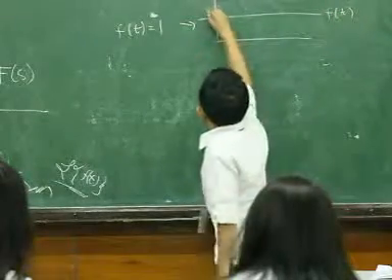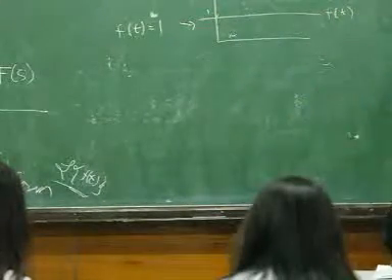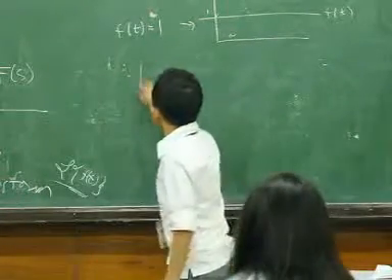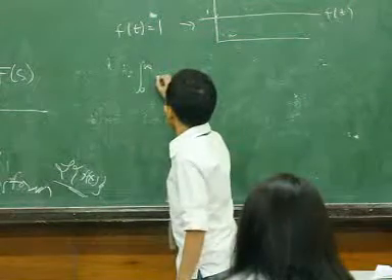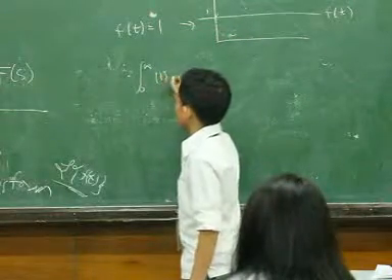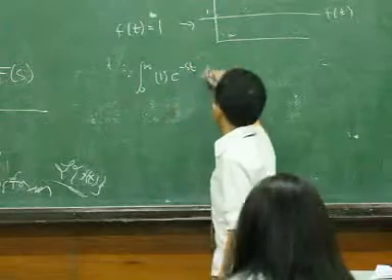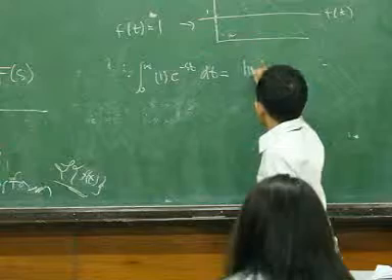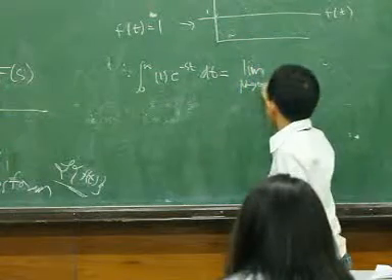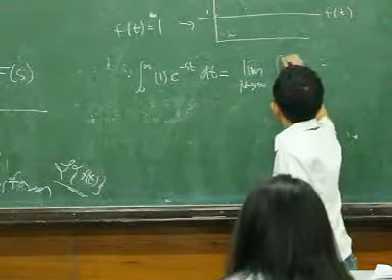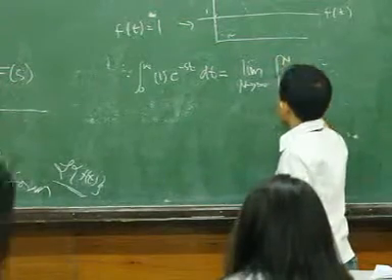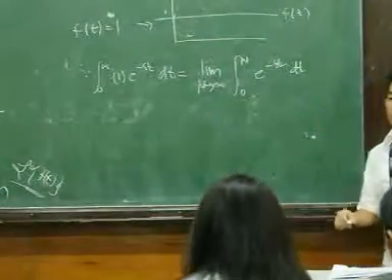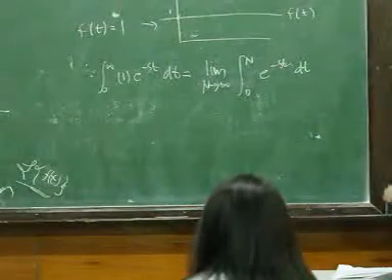This value is 1. So if we substitute it there, then from 0 to infinity, because f of t is 1, and e to the negative st dt, this would be equal to, as we have reviewed a while ago, the integral of e to the negative st dt. Agree? Questions?